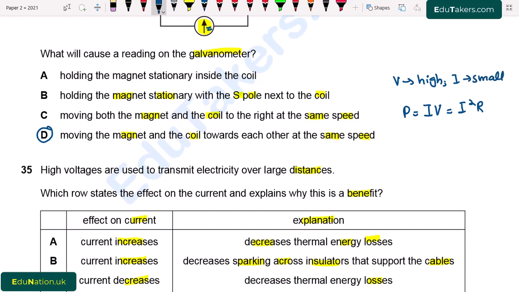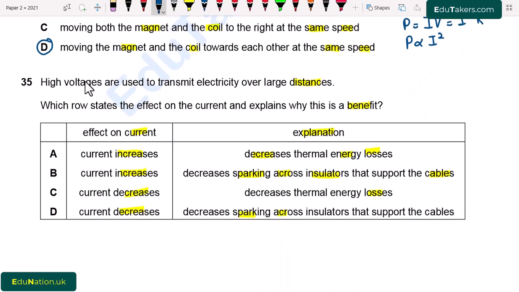So when the current is small, there will be a small loss of power, which means that it decreases the thermal energy losses. So from here, option C is correct. The current decreases and it decreases the thermal energy losses.